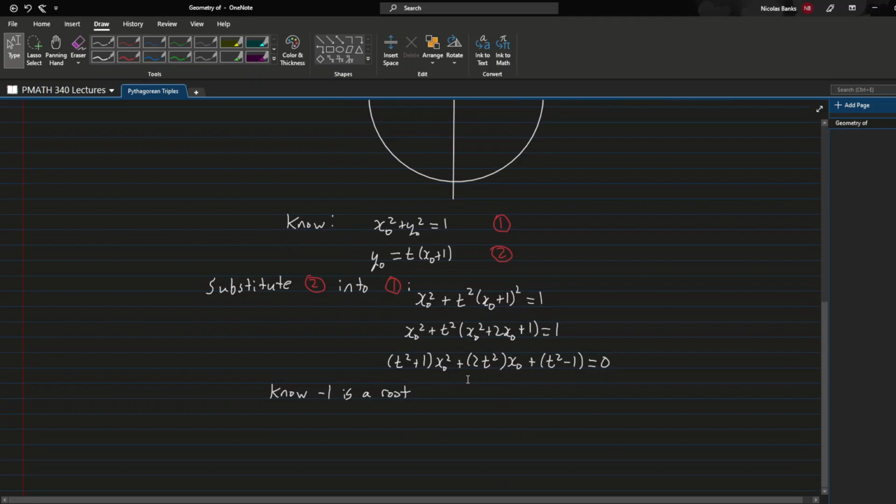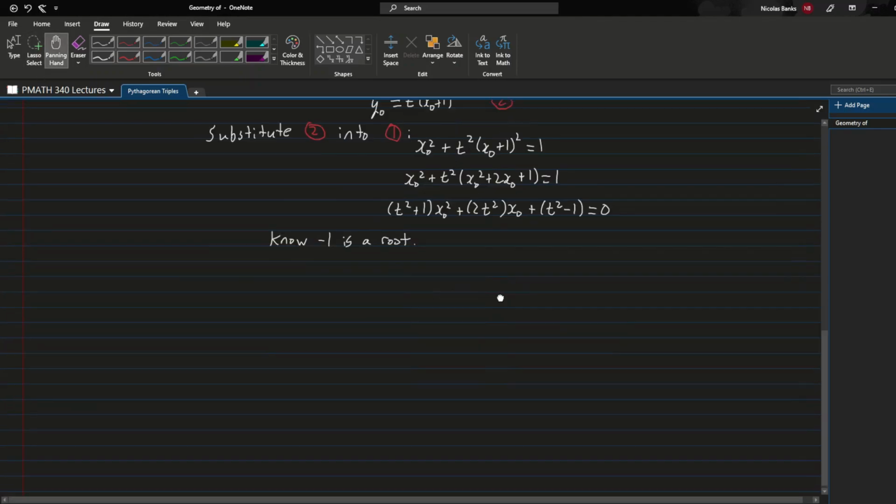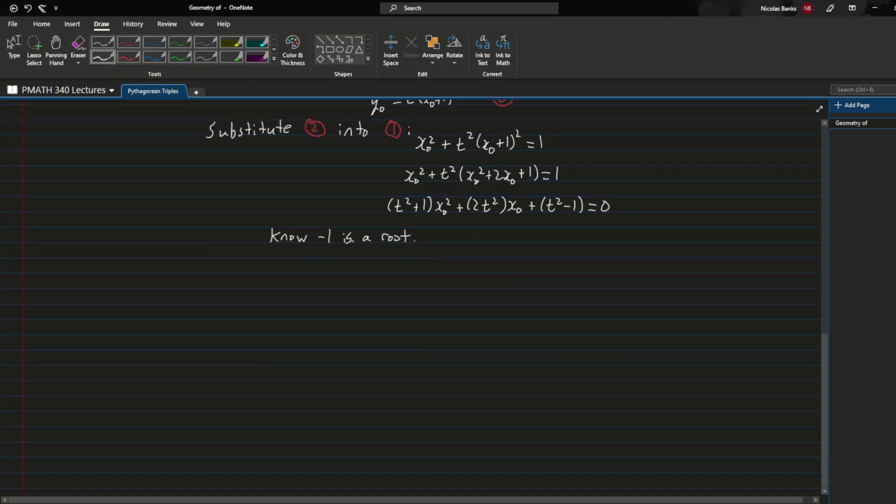So we know it has to be a root, and you can check by direct substitution that x0 equals -1 satisfies that equation. So we want to find the other one, and you can do this with the quadratic formula that I'm sure you're all familiar with, but a more interesting way to do it is with something called Vieta's formulas, or Vieta's relations for the roots of a polynomial.